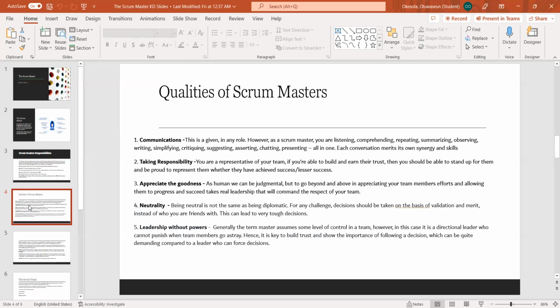So it says generally the Scrum Master assumes some level of control in the team. However, in this case, it is a directional leader who cannot punish when a team member goes astray. Hence, it's key to build trust and show the importance of following a decision, which can be quite demanding compared to a leader who can force a decision, right?